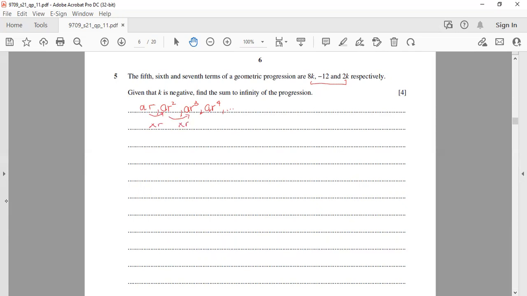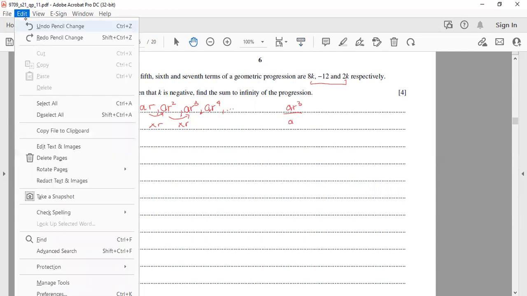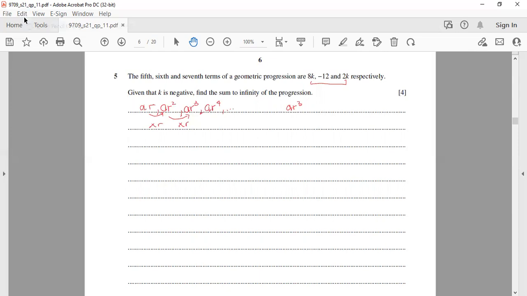So if you have three consecutive terms, if you want to find the common ratio, you can use the second term upon the first term. The second term over the first term should be equal to the third term upon the second term.